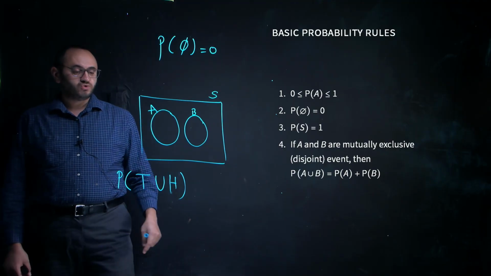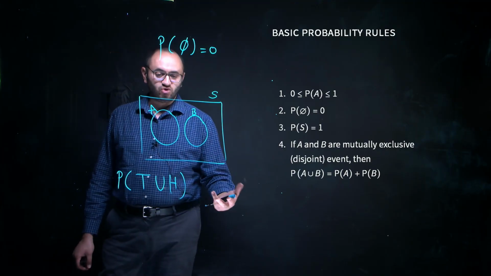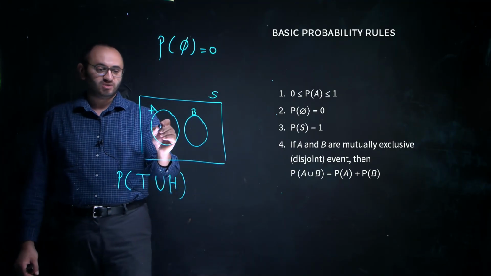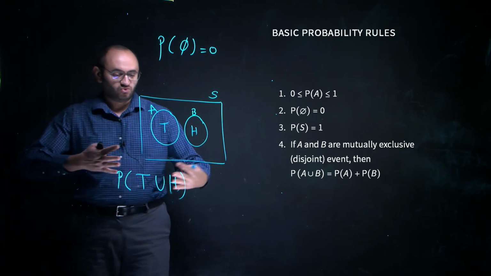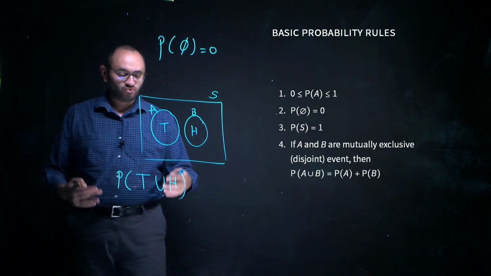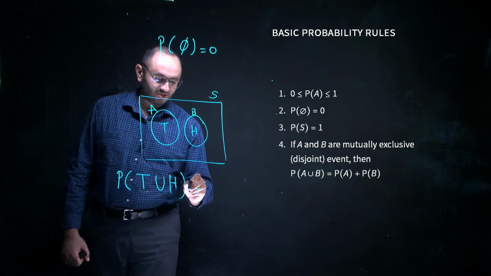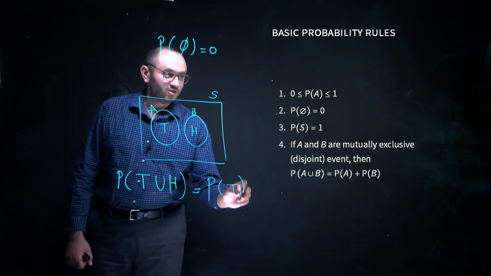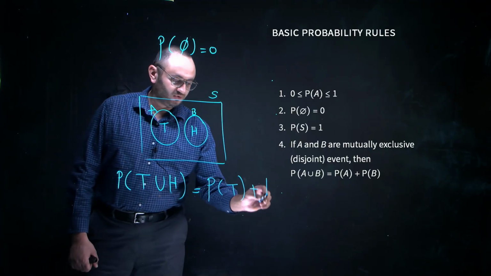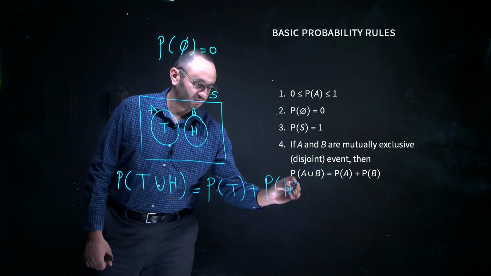Now, because those two events are disjoint or mutually exclusive, like suppose this is T, this is H, there is no way to have overlap between them. In this case, this is simply probability of getting tail plus probability of getting head, right?